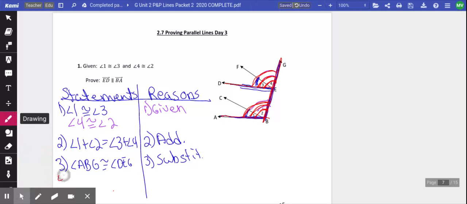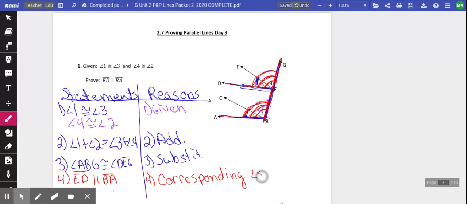So that's my last step, which is ED is parallel to BA. And the reason for that is, I want you to pause and think about it and come back. That's because those angles are corresponding. Angles congruent means the lines have to be parallel.